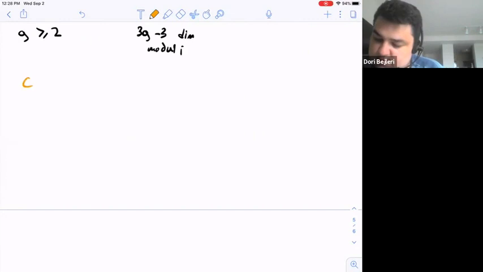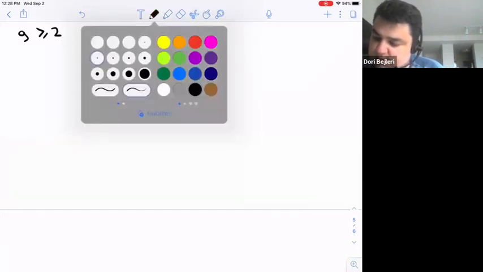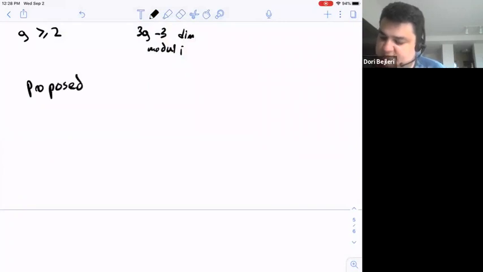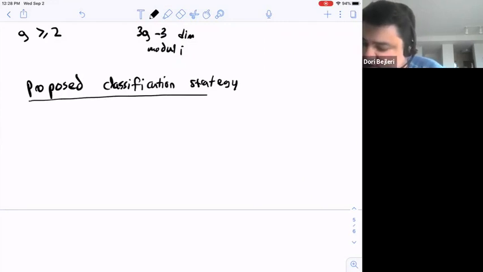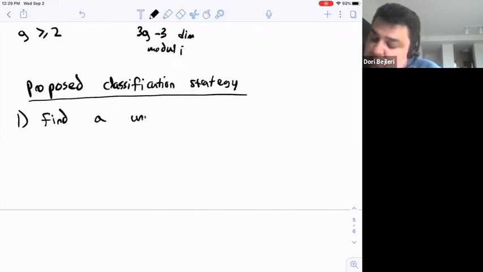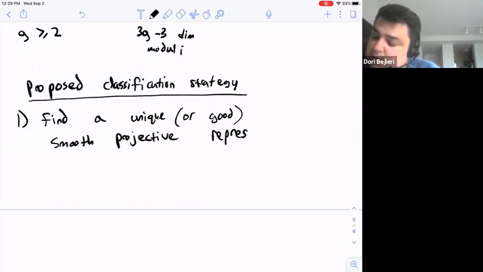So maybe let me make that explicit. So proposed, and of course, every step of this fails in higher dimensions, or every step becomes a lot harder, but we'll call this strategy 0. 1, find a unique or otherwise good smooth projective representative. 2, classify the geometry in terms of the canonical divisor.